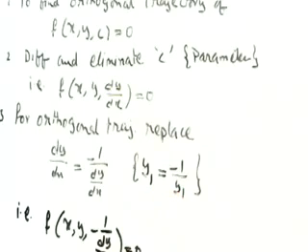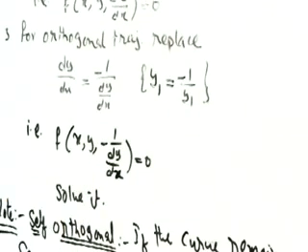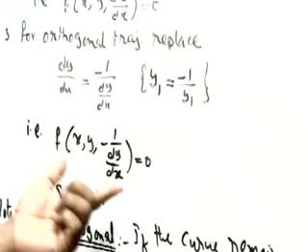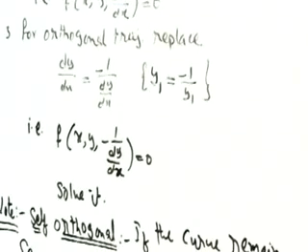So we replace y1 by minus 1 by y1. After replacing, we'll get the equation in terms of minus 1 by y1. Now you have to solve this with any of the previous methods, and we'll get the curves which are orthogonal to the given curves.